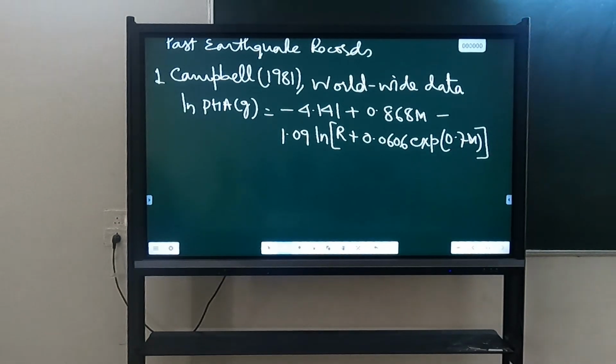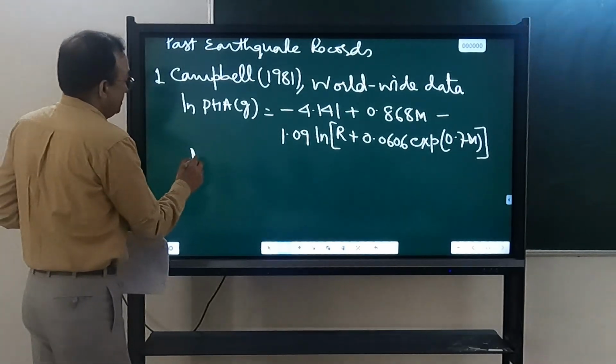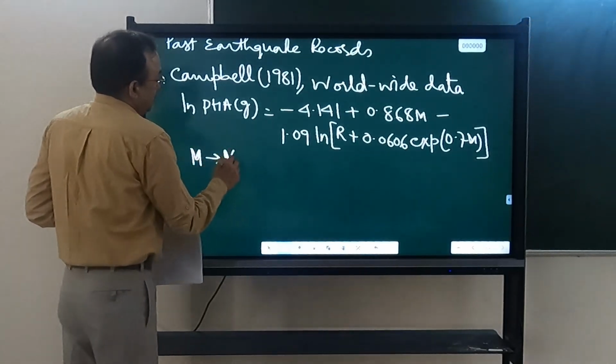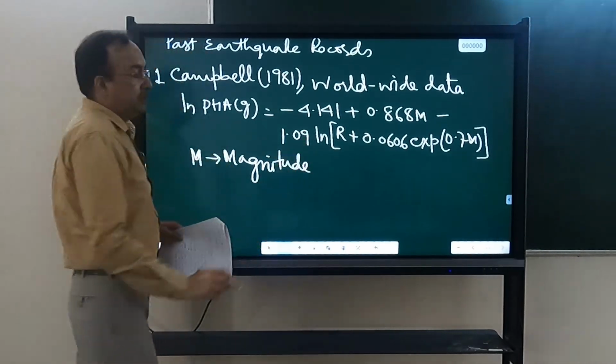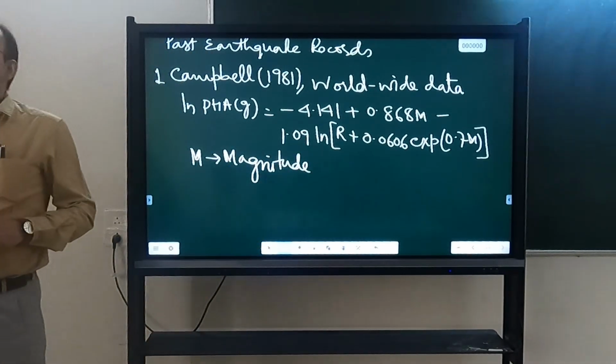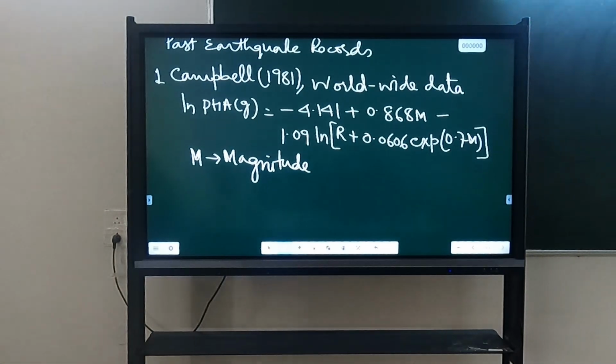Because lesser data was available, they considered worldwide data, whatever was available, and here M is the magnitude of the earthquake. And I told you that when you are considering magnitude, it is very important we should know which magnitude has been used.